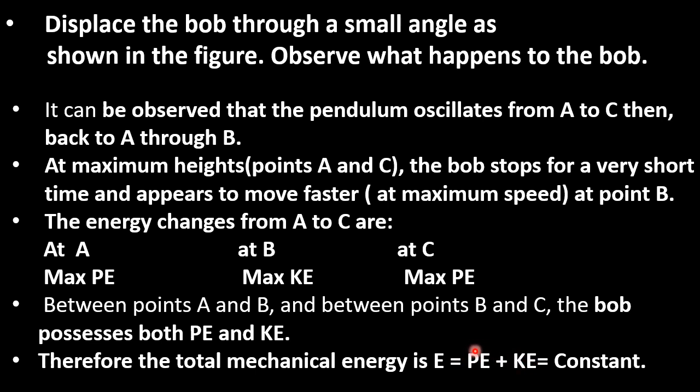As energy changes from potential to kinetic energy, none of the total energy is wasted. The energy of the universe is constant. Energy cannot be destroyed. No energy is destroyed or created. It simply changes from one form to another.